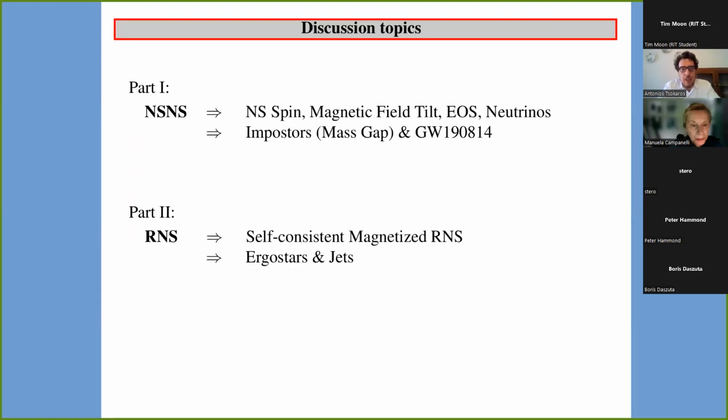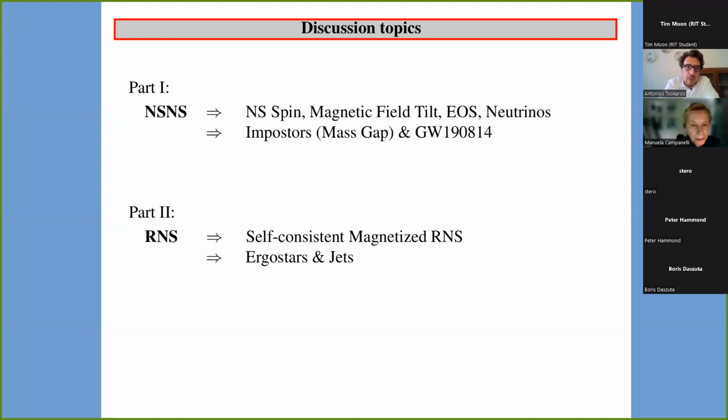So my talk is going to have two parts. The main part, which is part one, is going to be about binary neutron stars and is going to touch upon different subjects like spinning binary neutron stars, magnetic field tilt, equations of state, neutrinos, as well as neutron stars in the mass gap and in relation with event GW190814.